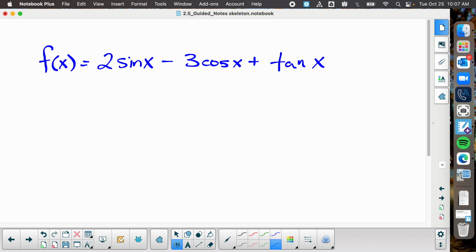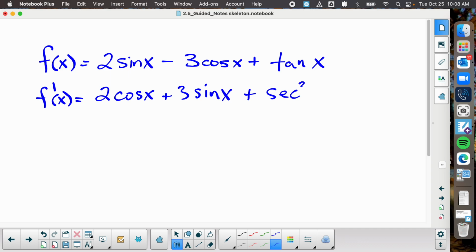There's not really anything I can do to make trig one difficult. So I'll give you one example that includes everything. How would I find the derivative of that? Isn't it just 2 cosine x? Perfect, so it has a multiplier, so it stays with the multiplier. Minus, wait, no, plus, because it switches, 3 sine x, and then plus secant squared.